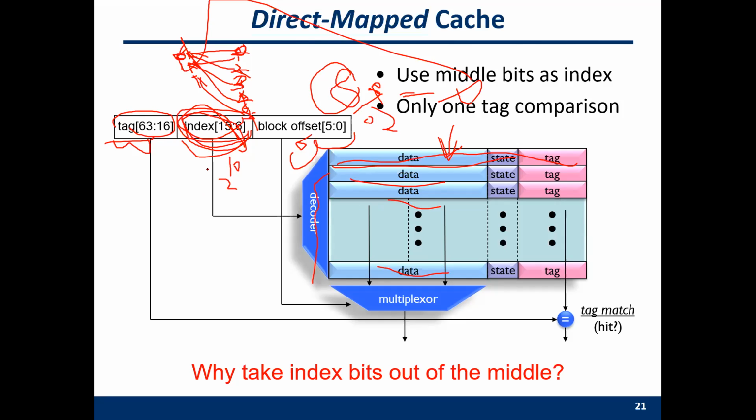And if multiple lines simultaneously want to store data at this index, you will have a conflict. More conflicts mean a smaller cache hit rate. But during each cache access, the latency is shorter. You only need to look up and compare one tag. So this is the trade-off.